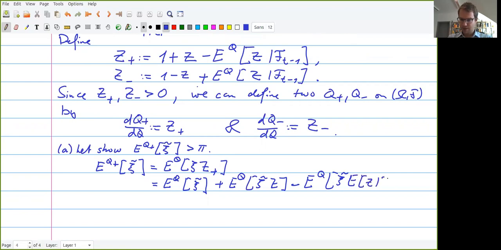So we get this one. This is just plugging in the definition of Z plus. And now the first term is the definition of the property of pi, so the first term just gives us pi.